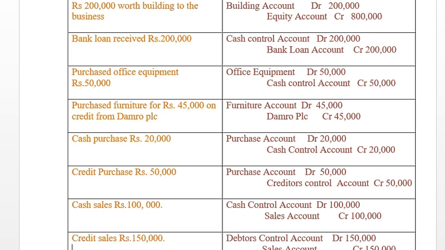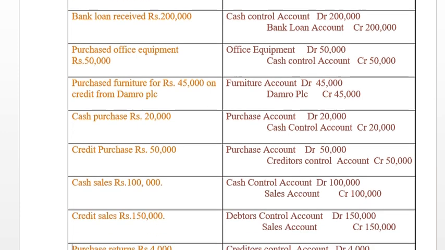To purchase this 50,000 worth of office equipment, we have to spend 50,000 in cash. That means the cash balance will decrease. That means an asset decrease. If it is an asset decrease, it should be credited. Office equipment debit 50,000, cash control account credit 50,000.